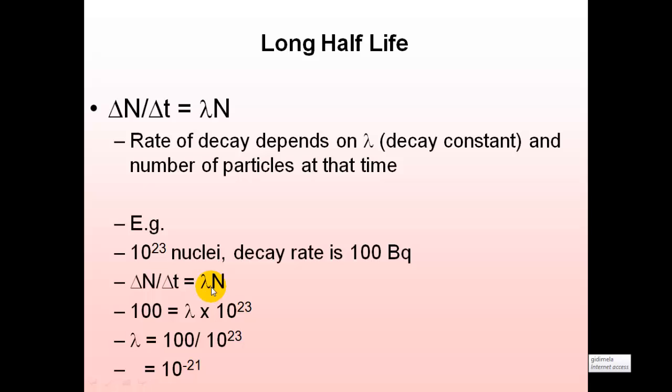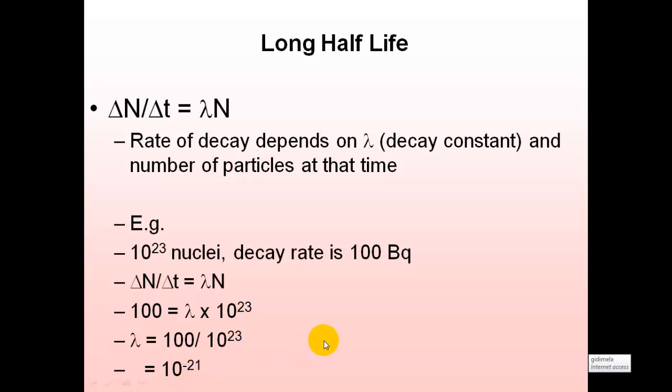We know the decay rate is 100 becquerels. We know the number of particles is 10 to the 23, so 100 is equal to lambda times 10 to the 23. So we rearrange to get lambda, and we find the decay constant is equal to 10 to the minus 21 per second.